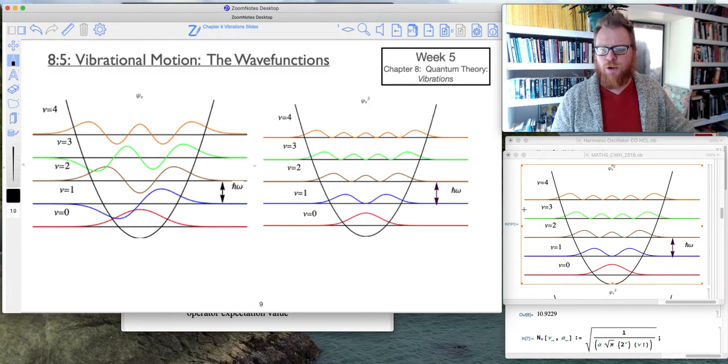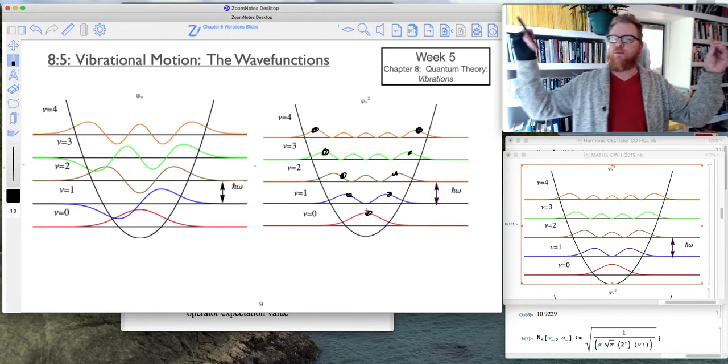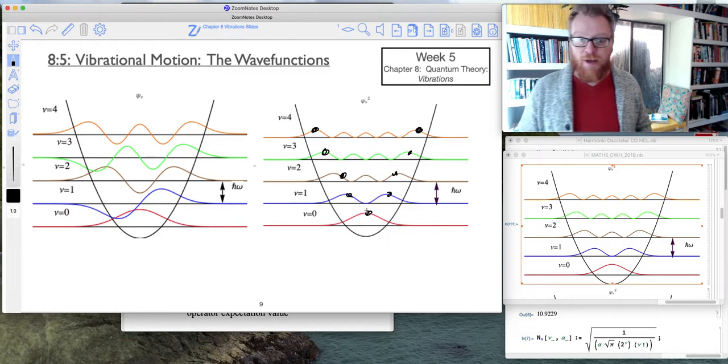I'm showing you the Mathematica file over here, but here are the results of it, of psi squared, and here is just psi, okay? What's important to note is that as nu gets bigger, we see more probability being pushed out to the turning points, okay? So more and more displacement as nu gets bigger.